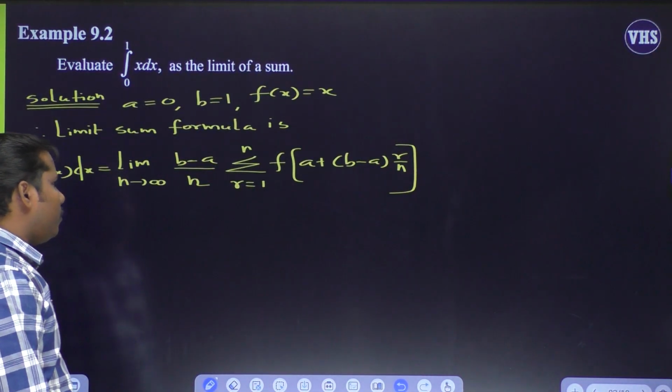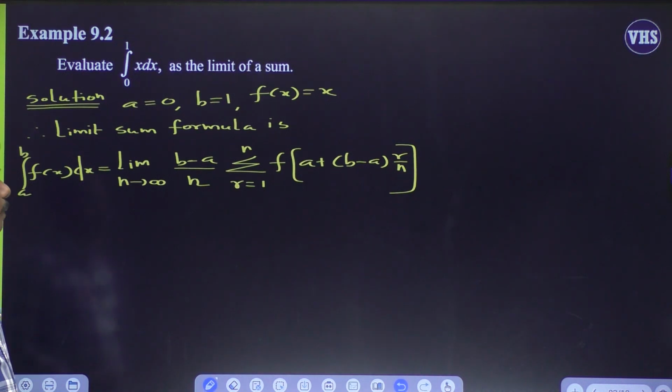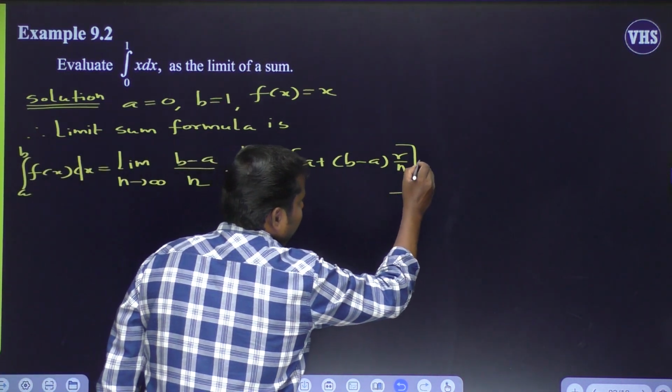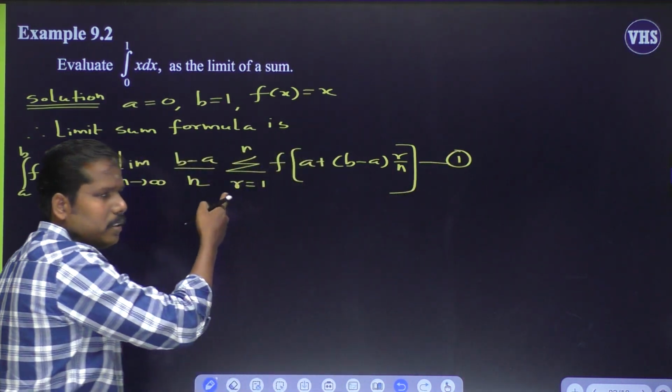Like this you have to memorize the formula. Let us call this equation 1. Let us calculate the required things to go for the substitution here.